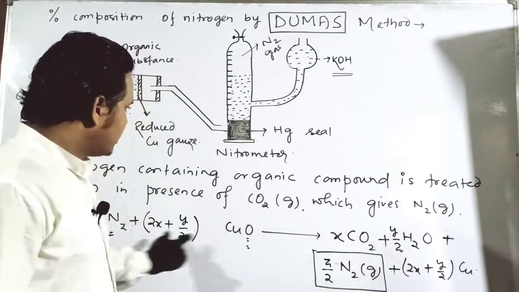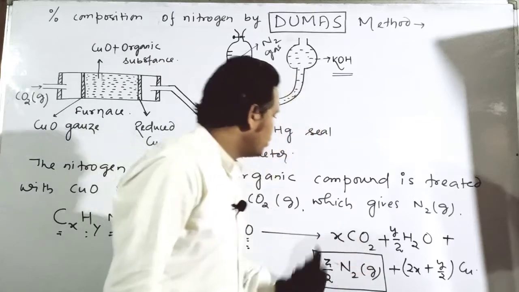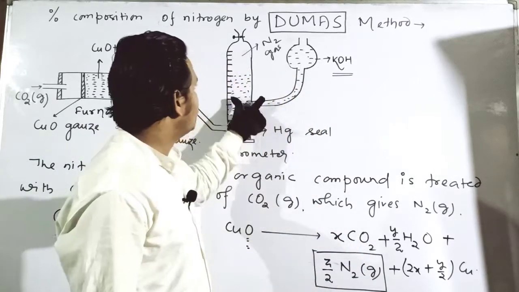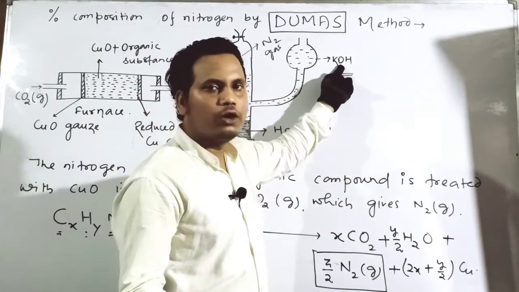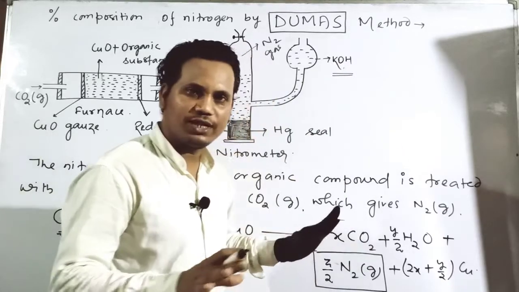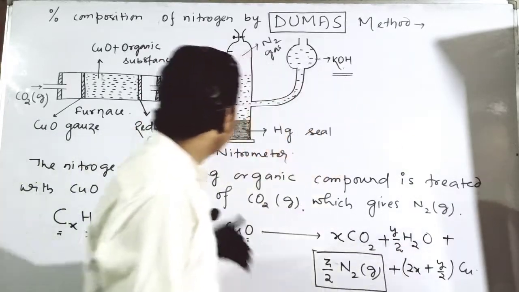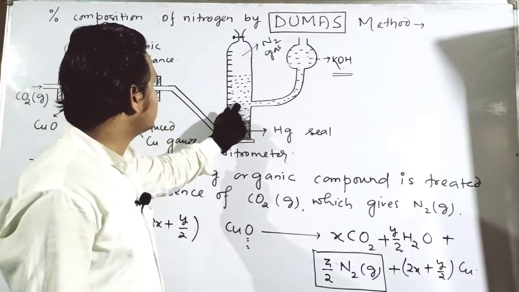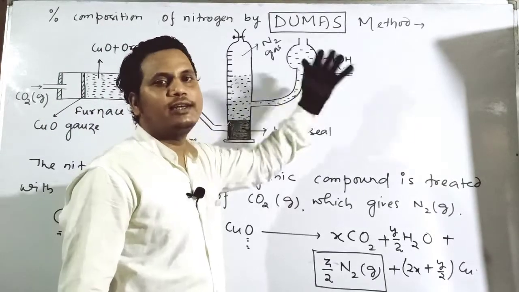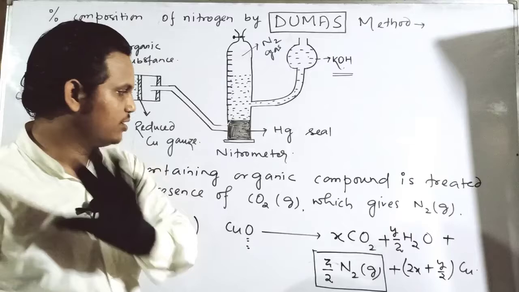So in this reaction, the carbon dioxide produced, which is an acid, reacts with the base to form the salt potassium carbonate, finished. The water that is produced comes and mixes with potassium hydroxide and makes it dilute. This is finished.